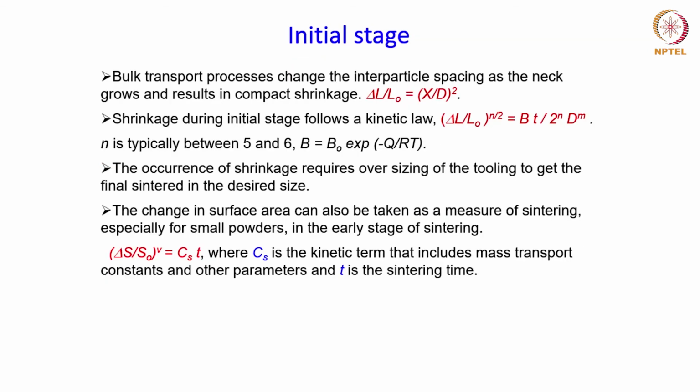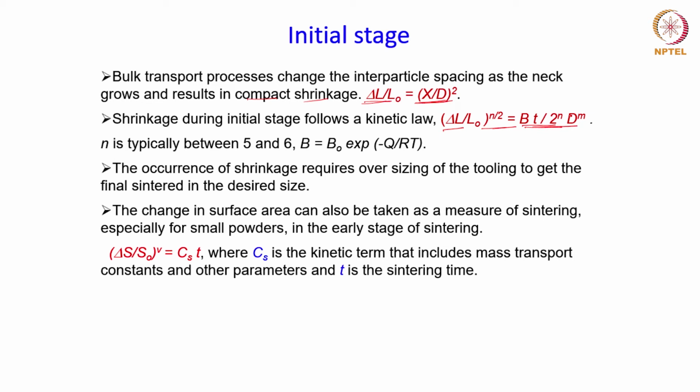Okay, so as the mass flow occurs, the particles bond and the interparticle spacing changes as the neck grows, and this results in the compact shrinkage or densification, which is related to the neck size ratio x by d. Okay, and the shrinkage during initial stage follows a kinetic law through this equation.